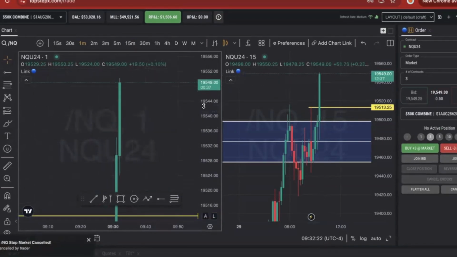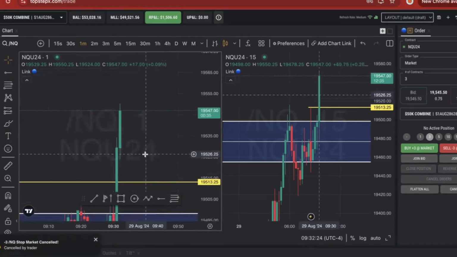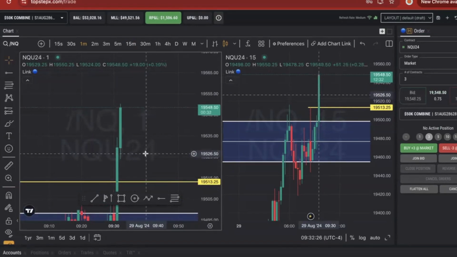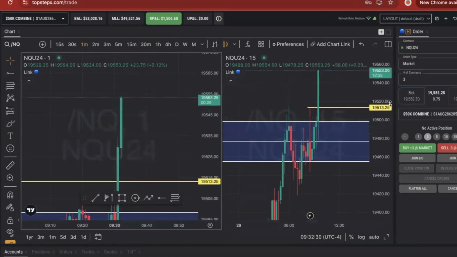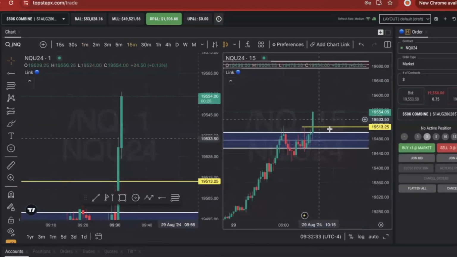Passed the funded account. One shot, one kill. Not gonna lie, I had to do this real quick because I want to get back to my funded accounts because I want to take advantage of today's price action. So I had to do it in one shot.